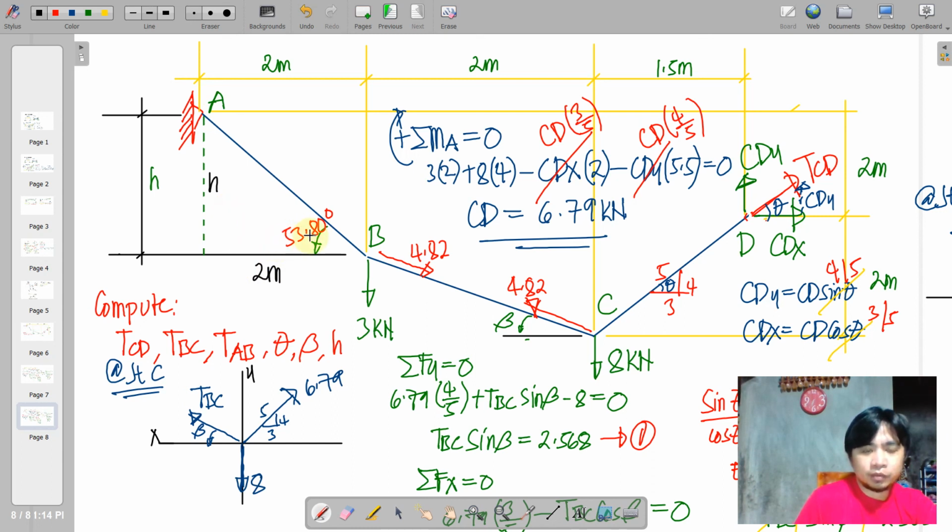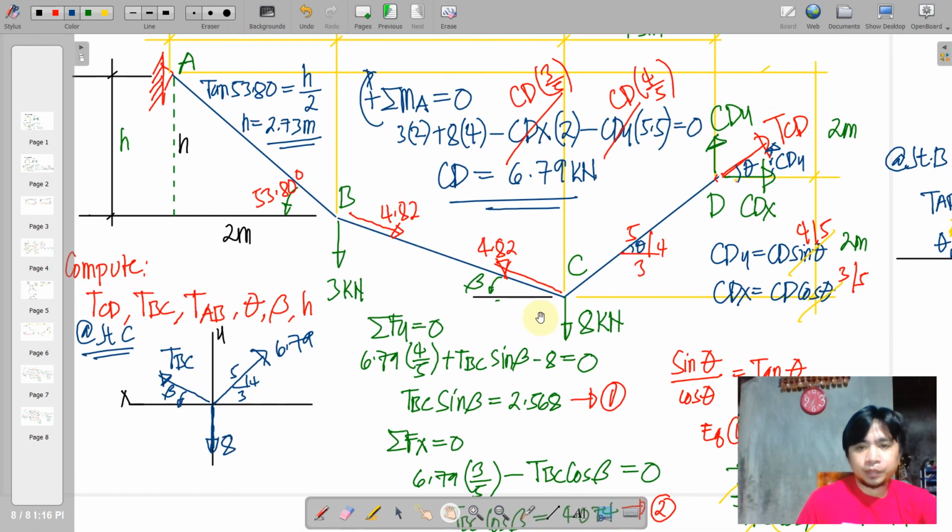So we can take the function of tangent, so it includes these two legs h and 2, so that tangent 53.8 is equal to opposite h over adjacent 2. So therefore we'll come up with the value of h equal to 2.73 meters. So I think this shall complete our solution.